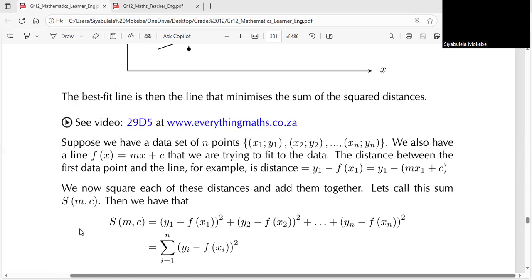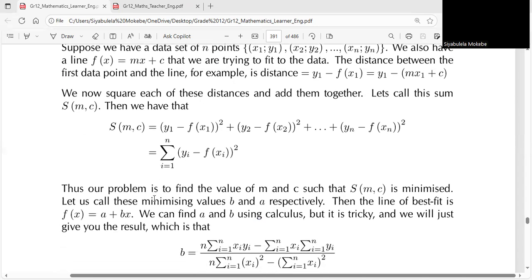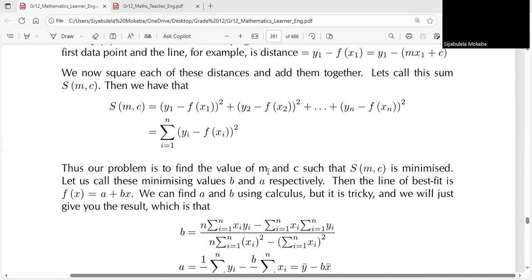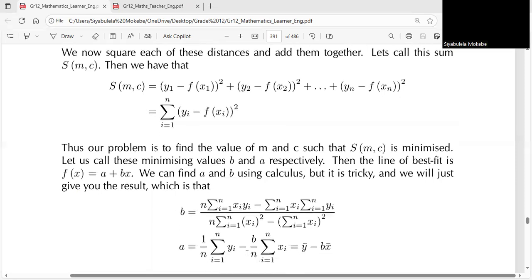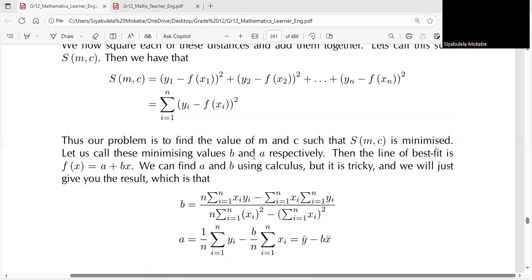Let's call this sum S of m, c. Then that's our problem: to find the values of m and c such that S of m, c is minimized. Let us call these minimizing values b and a, respectively.